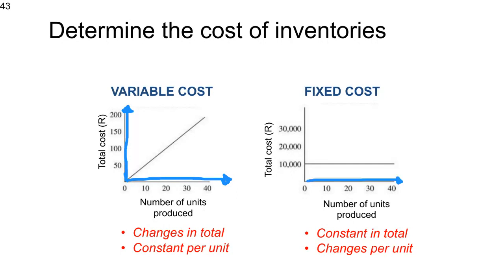And some of you may also talk about, and I think that's what Benjamin was talking about just now, a step cost. So a step cost is a cost where from 1 to 10 it's okay, but then it goes up from 10 to 20, then it goes up like that. So you can also have that sort of step cost where it's sort of variable, but also sort of fixed, right?